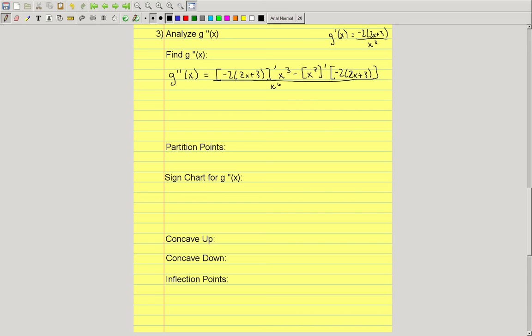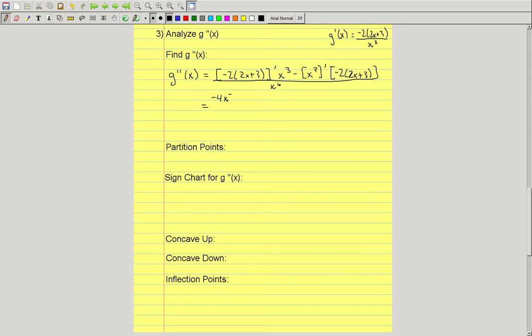So we have x to the 6th down there. All right. So taking our derivatives, the derivative of negative 2 times the quantity 2x plus 3 is actually just negative 4, because the constant in front doesn't affect the value of the derivative, and the derivative of 2x plus 3 is just 2.